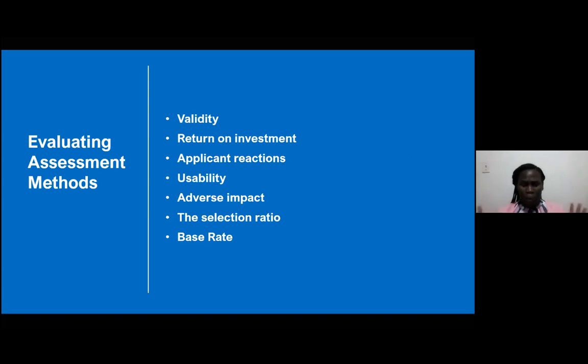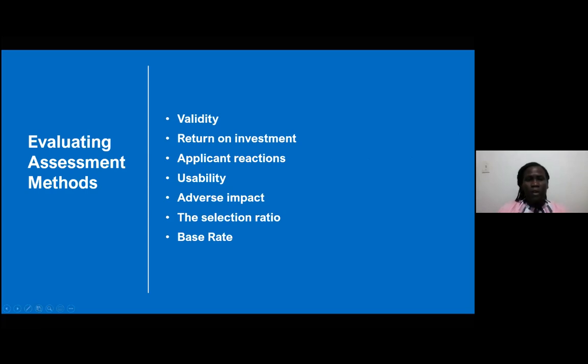I'll expound on 2. So validity, we're looking at whether the assessment method predicts what it is intended to predict. And return on investment, you want to really think about the financial return on making this investment in a new employee coming on. So you're looking at the average time to fill, the cost per hire, and the turnover rate.